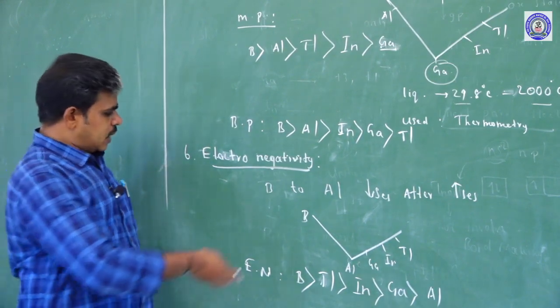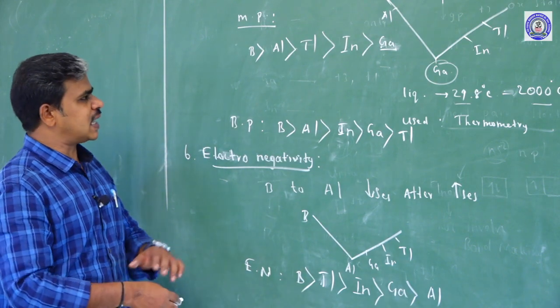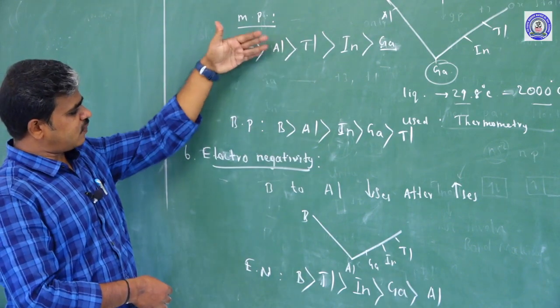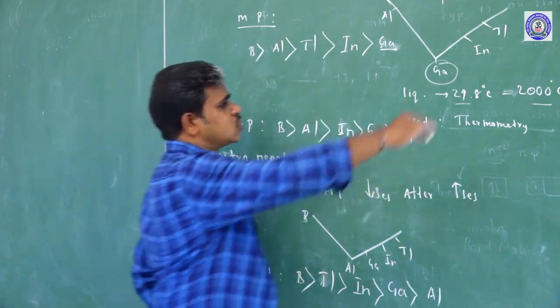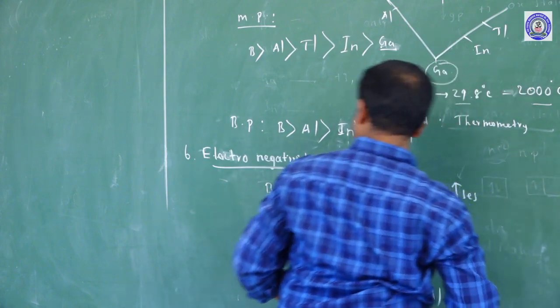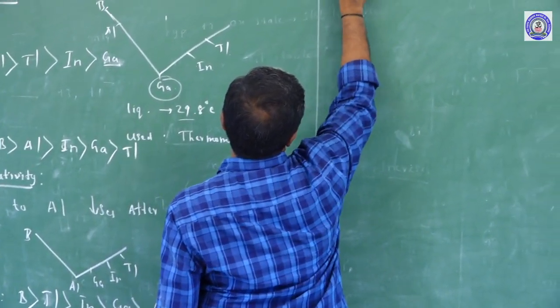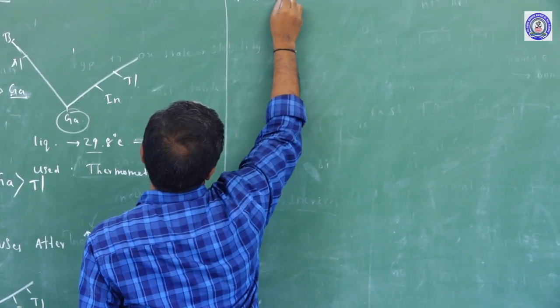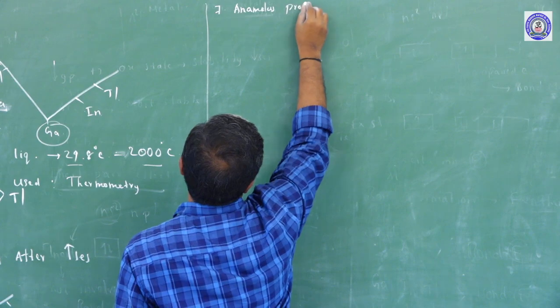And here the first element, boron, has a special character; it varies from all those elements. Why? So we take the next property, the seventh one, the anomalous property of boron.